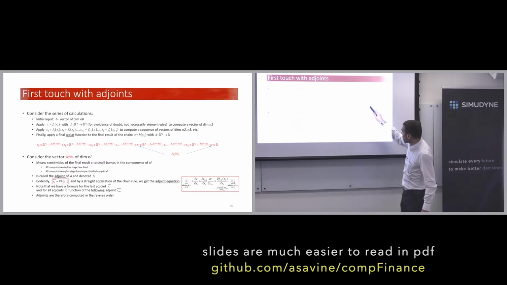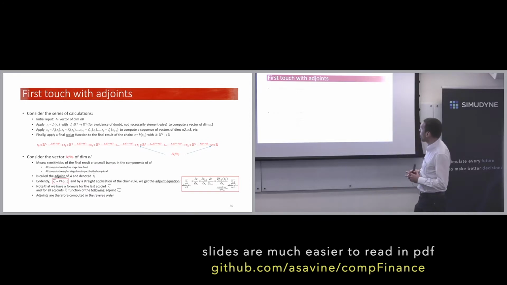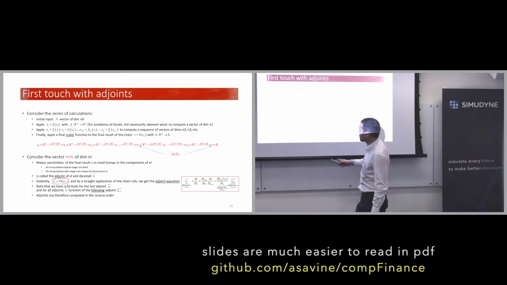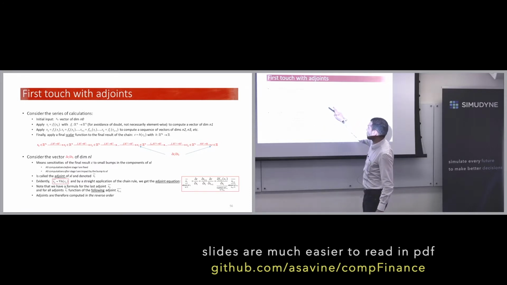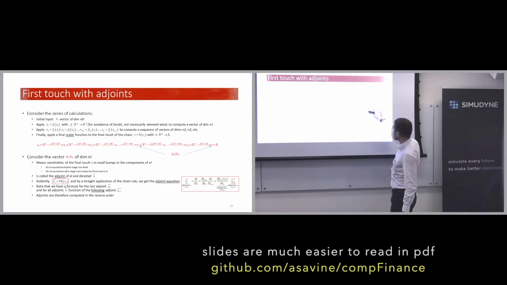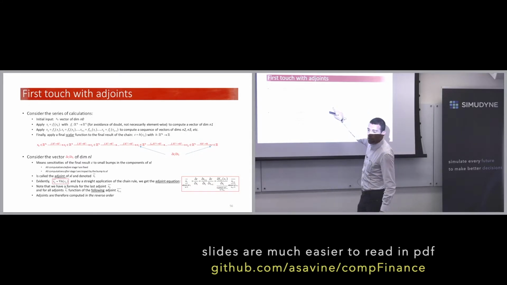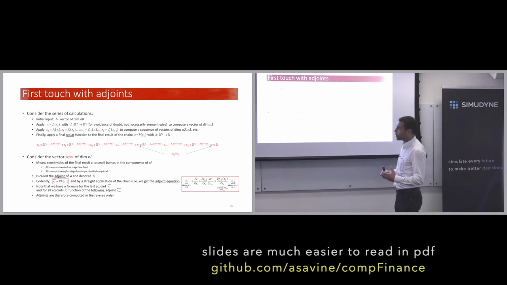So we really restrict ourselves to calculations whose final result is a scalar number that we call C. Okay, so now consider the vector dC over dxL for some layer L, from some intermediate result xL. So I want the derivative of the final result with respect to this vector. That will be a vector in dimension nL, because this C is a real number, okay?